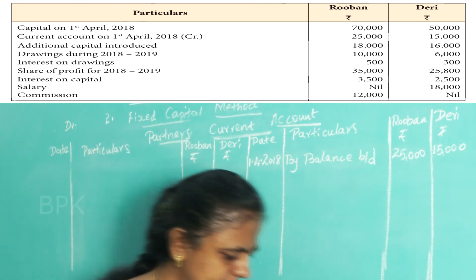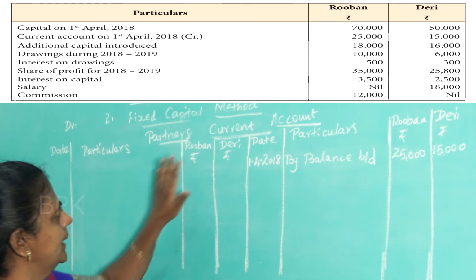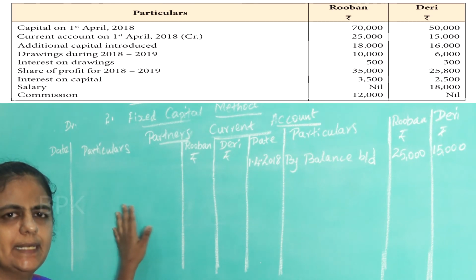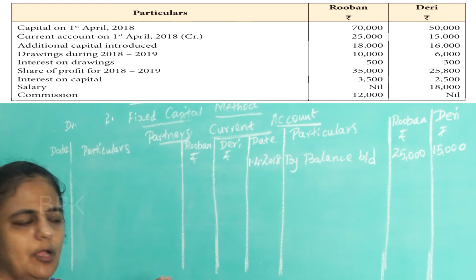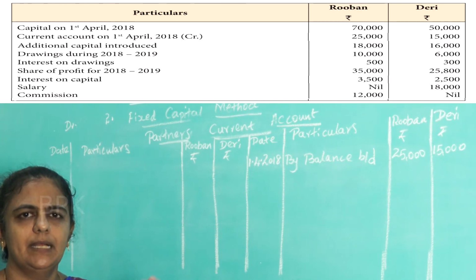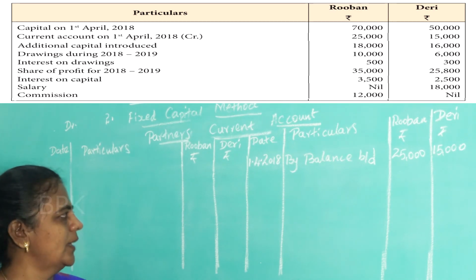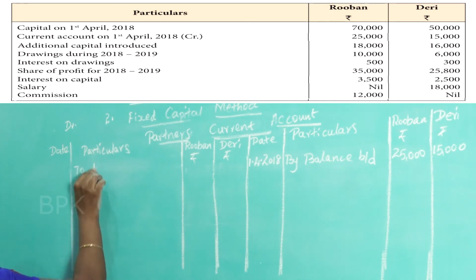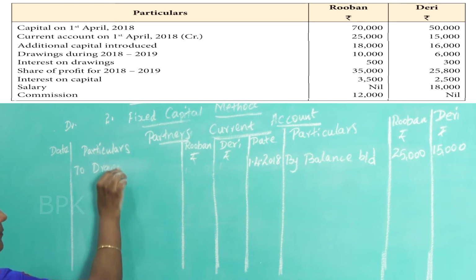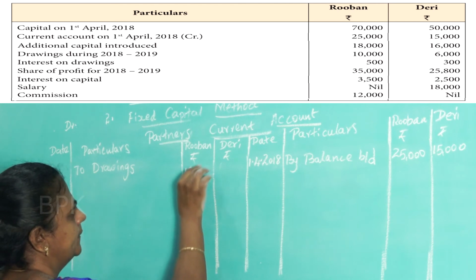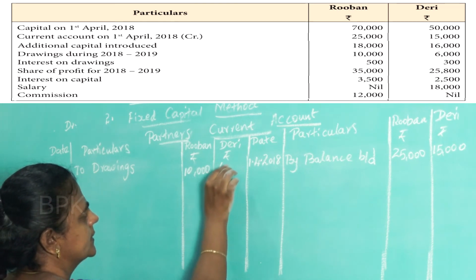Okay. Drawings. So one thing which is very clear, in partners current account on the debit side, always drawing should be on the debit side. Why? Because when the partner is drawing, he is drawing from the capital. When he is drawing from the capital, what happens? The capital gets reduced, decreased. That is why we are showing it on the debit side. Okay. Drawings is 10,000, 6,000.